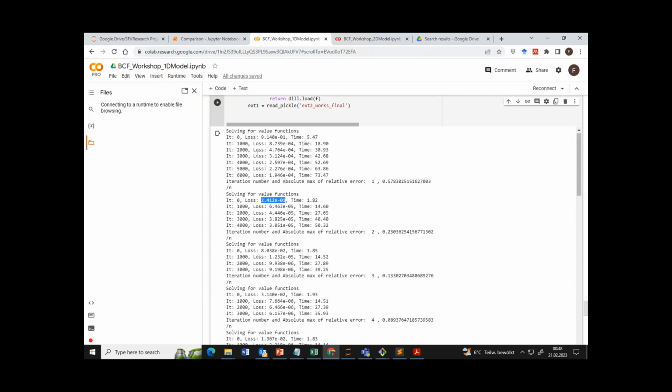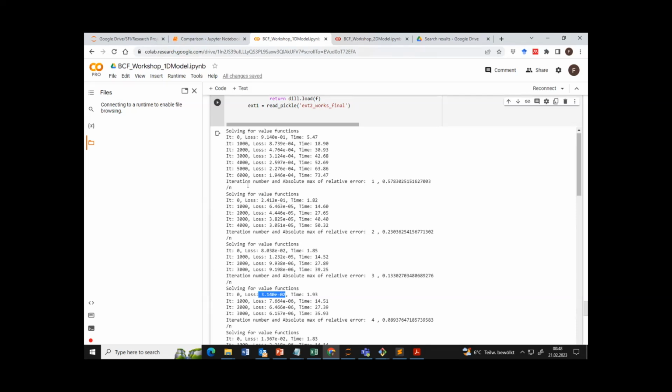But what's important is to notice that this loss here is lower than this one, and it keeps monotonically decreasing. At the beginning of every time iteration, your loss is already getting smaller.